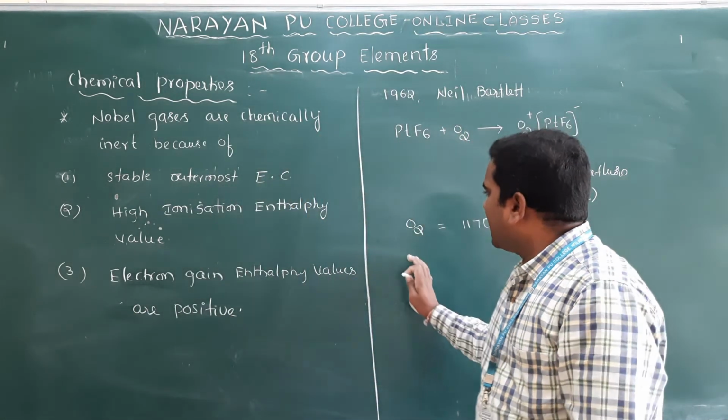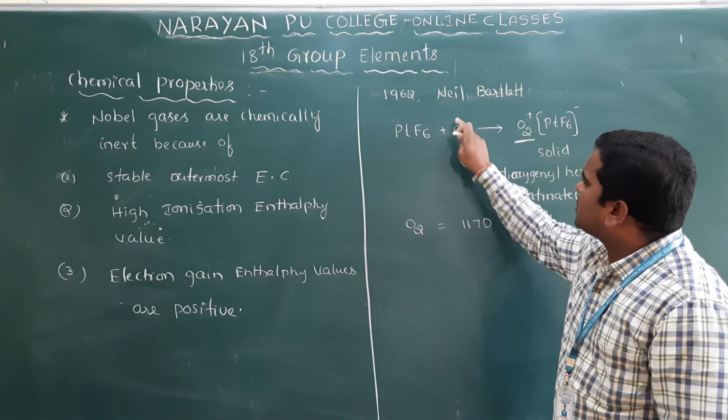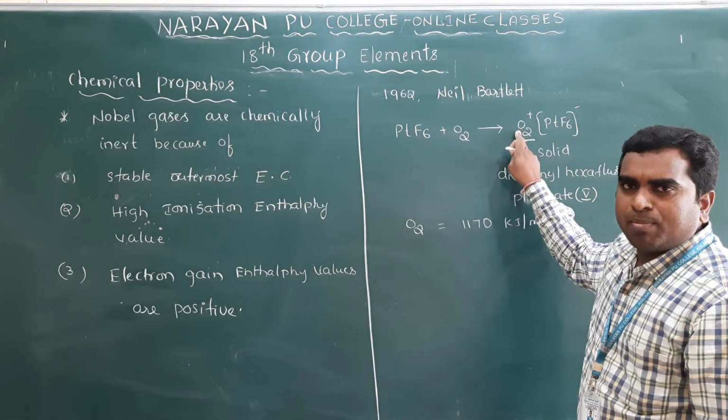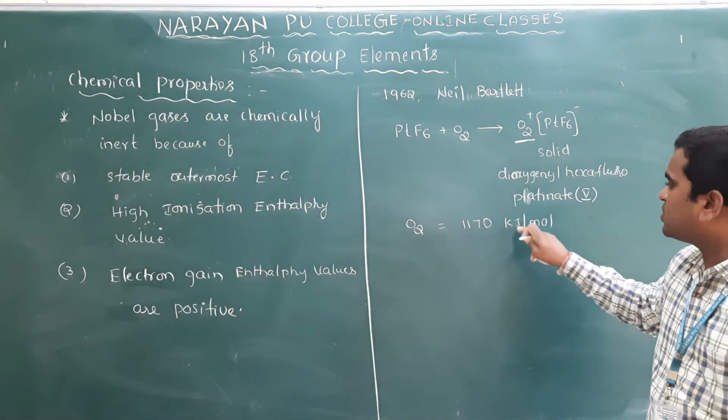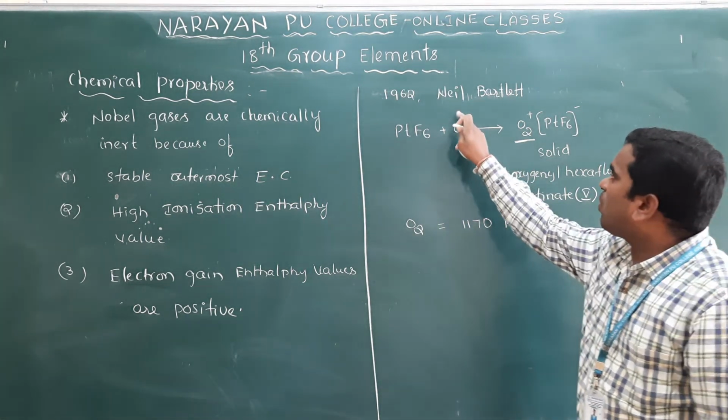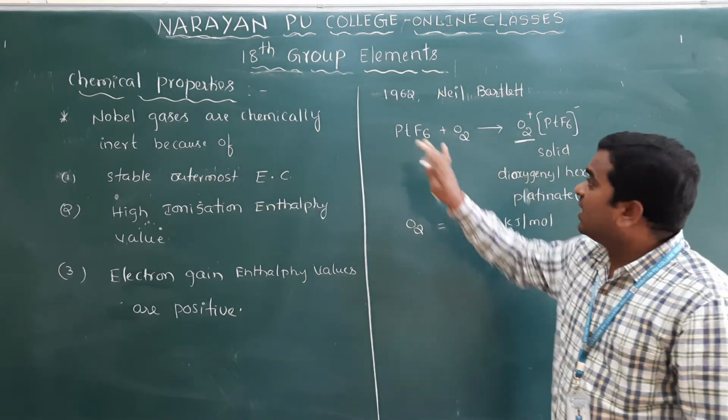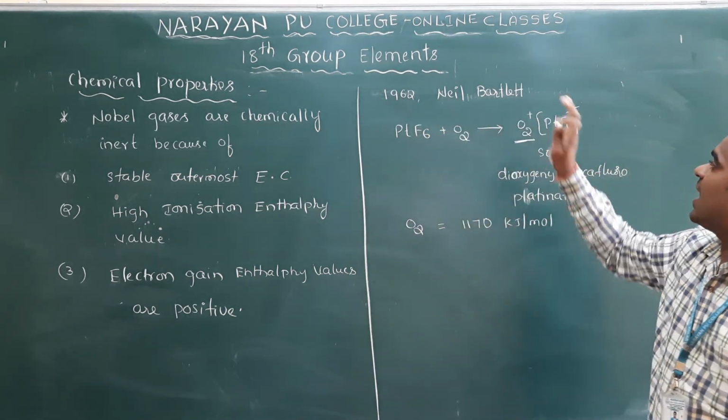Now what did he do? In this reaction, oxygen is losing one electron, and the ionization enthalpy of oxygen is 1170 kilojoule per mole. Platinum hexafluoride is removing that electron.